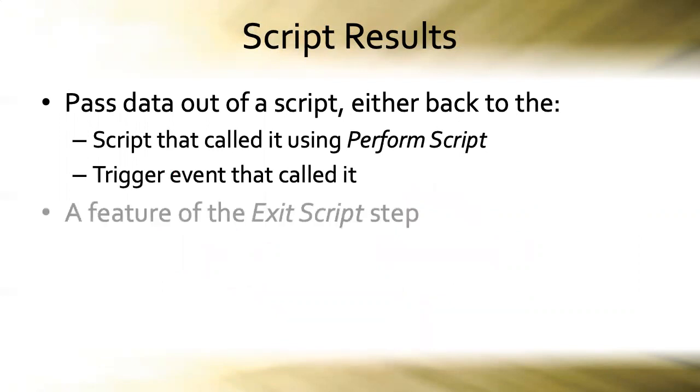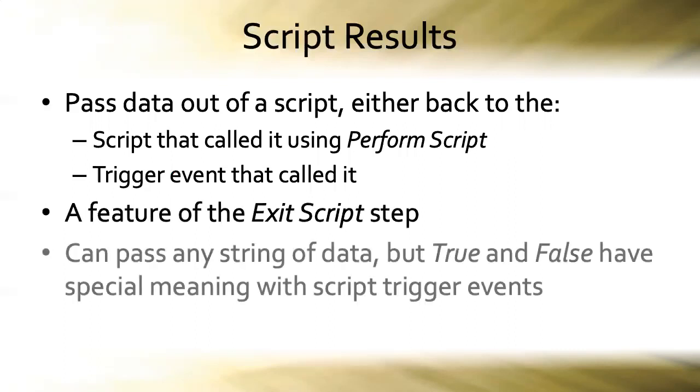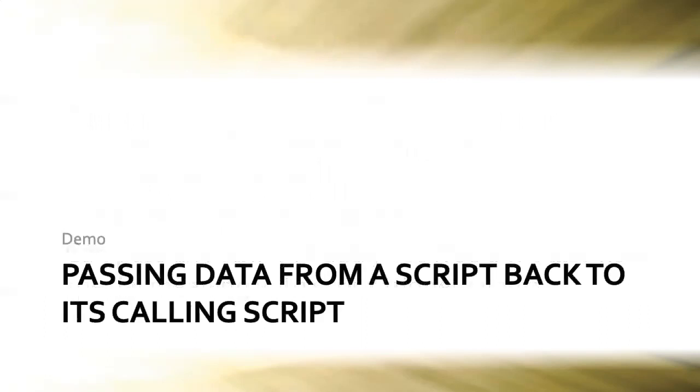Script results are a feature of the exit script step. We can pass any string of data in a script result, but true and false have special meaning with script trigger events. Now let's get into a demo of passing data from a script back to its calling script.